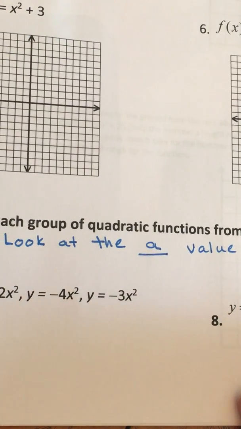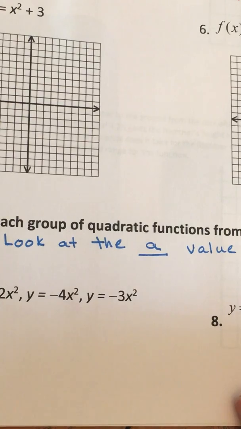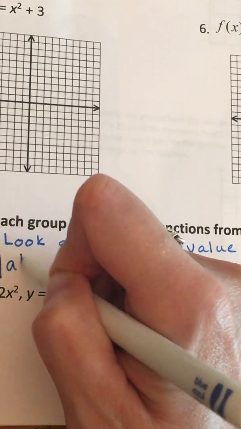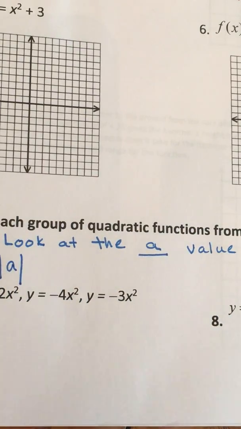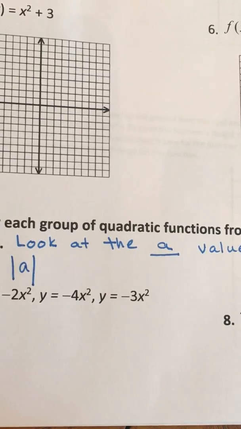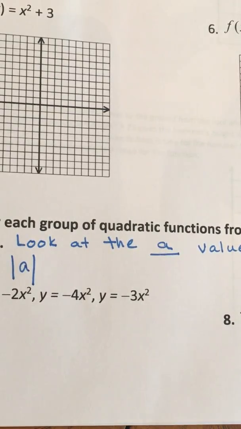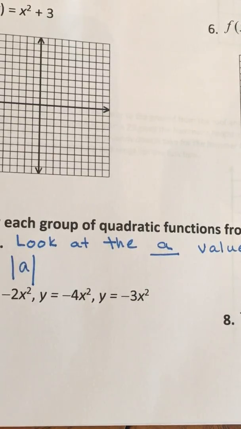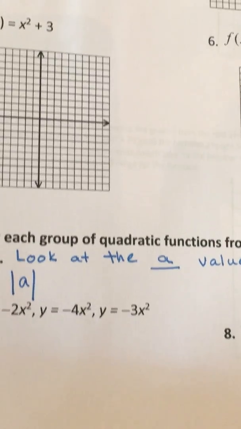I'm not looking if the A is positive or negative. I'm actually looking at the absolute value of A. Not positive, not negative, just the number itself. So the bigger that number is, the more narrow our graph is going to become. The smaller that number is, the closer to 0 that number is, the more wide it's going to become.